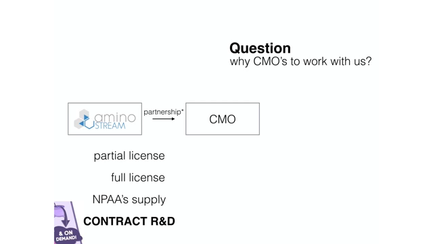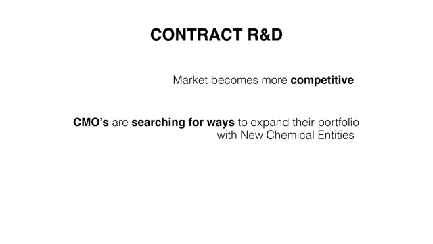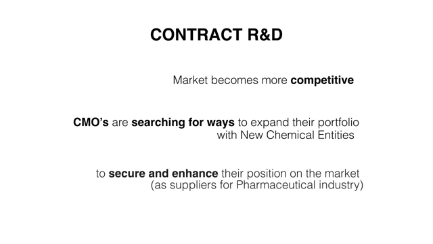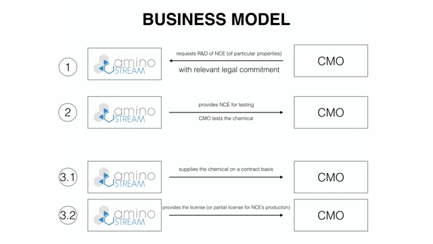In our case, contract R&D is the most appealing, because the market is currently becoming more competitive and CMOs are searching for new types of collaboration and new products to secure and enhance their position in the market. It is an opportunity for AminoStream and a crucial point to initiate and establish collaborations with contract manufacturing organizations right now.